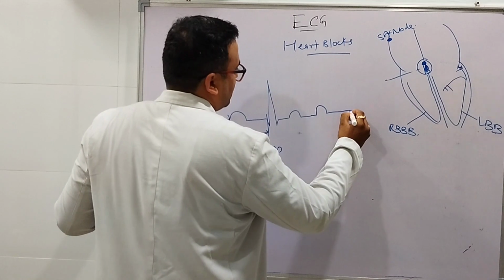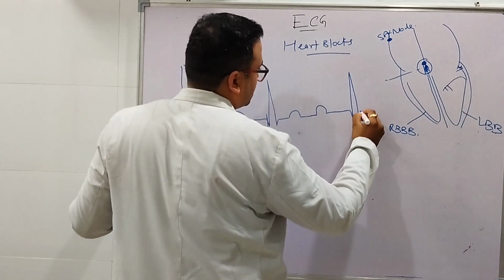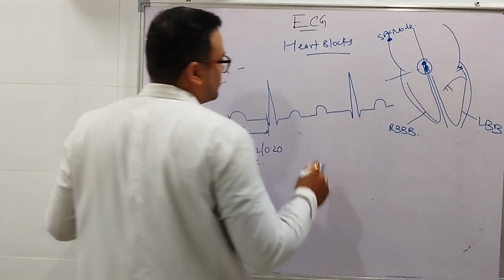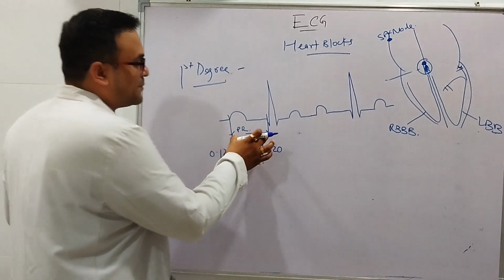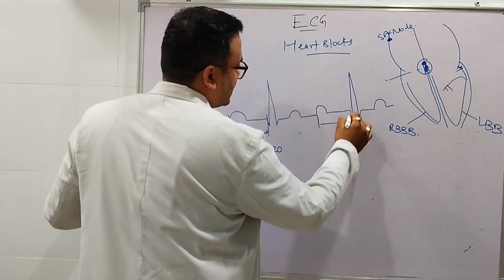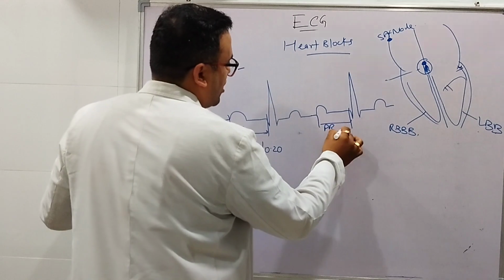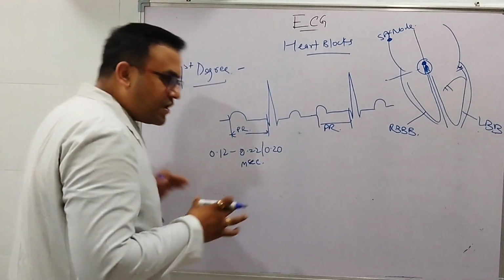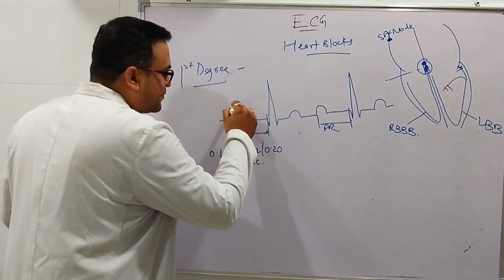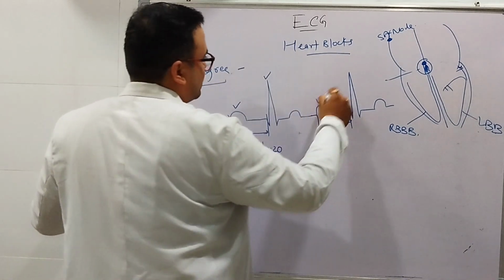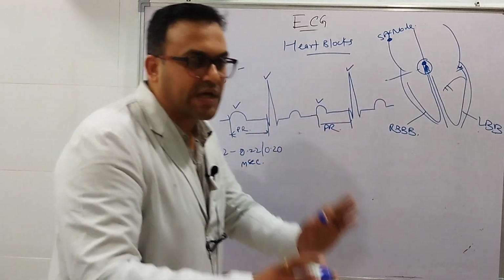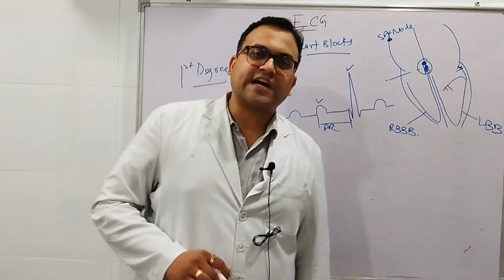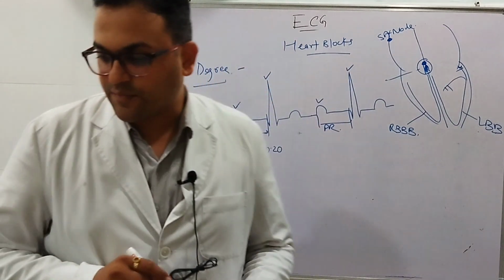The PR interval is prolonged but the same in all the complexes. This is the first degree AV block.